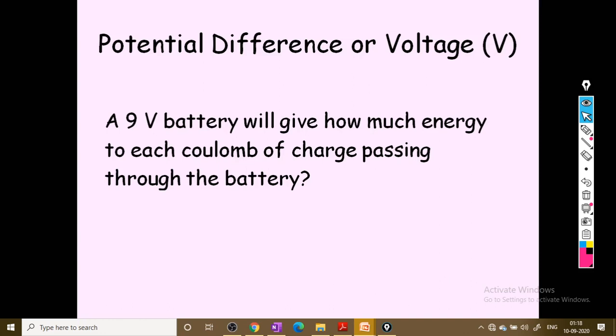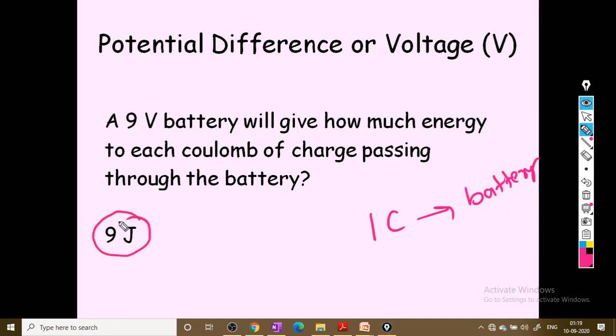Suppose a 9 volt battery: how much energy will it give to each coulomb of charge passing through the battery? According to the previous definition, if 1 coulomb of charge is flowing through the battery, how much energy is it giving? It is given by 9 joules.